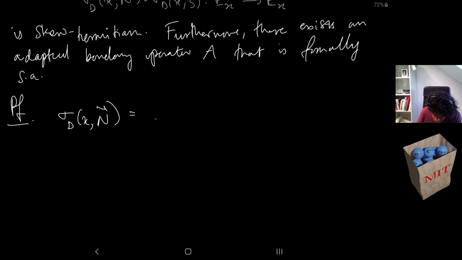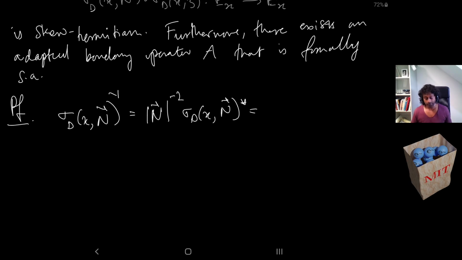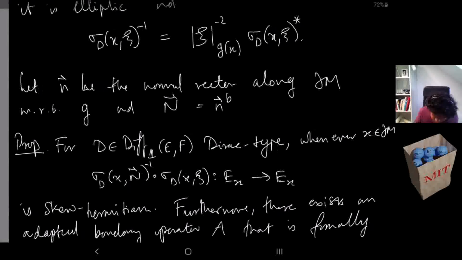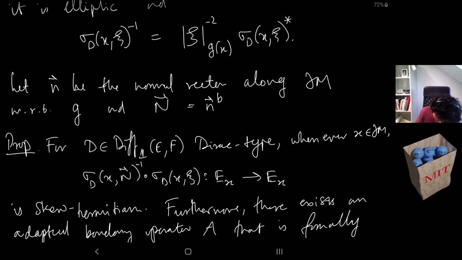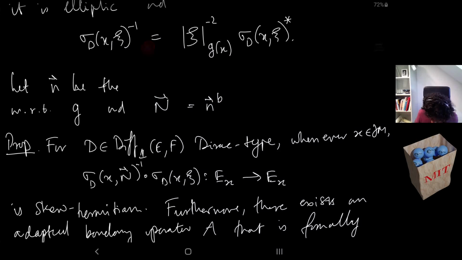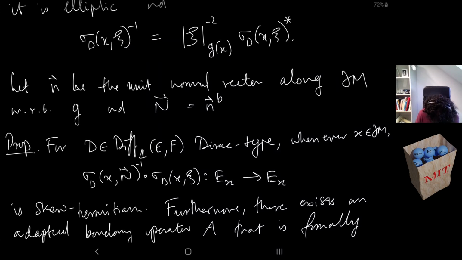So from what we wrote before, the inverse is given by this following map. And of course, I should have said this should be the unit normal. I'm really sorry. I seem to be missing words. So this is the unit normal.